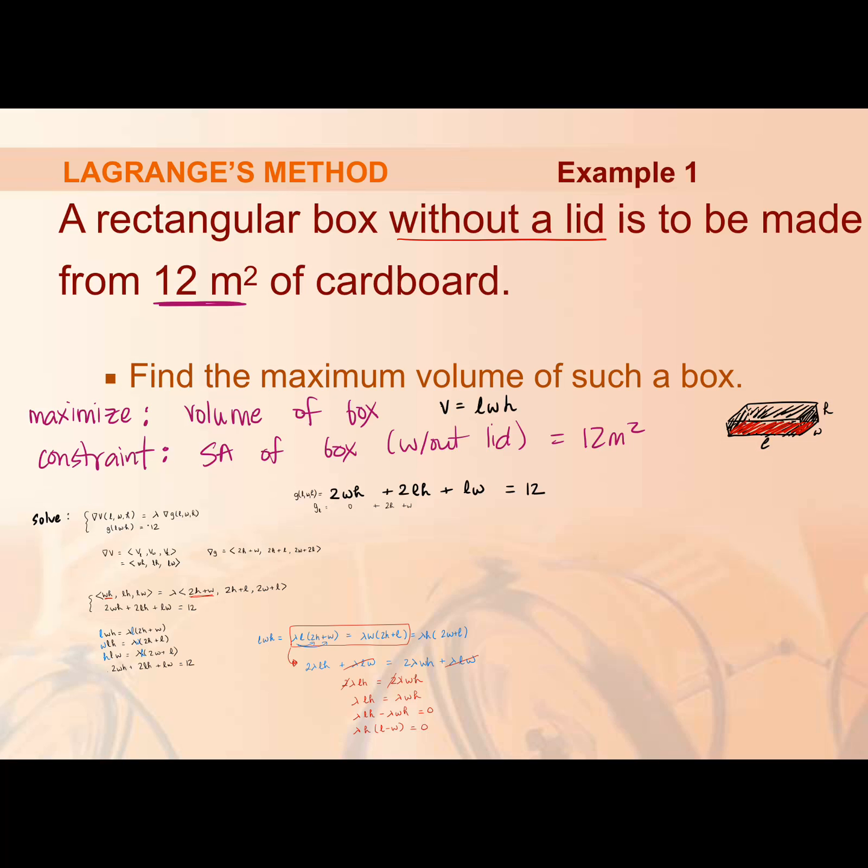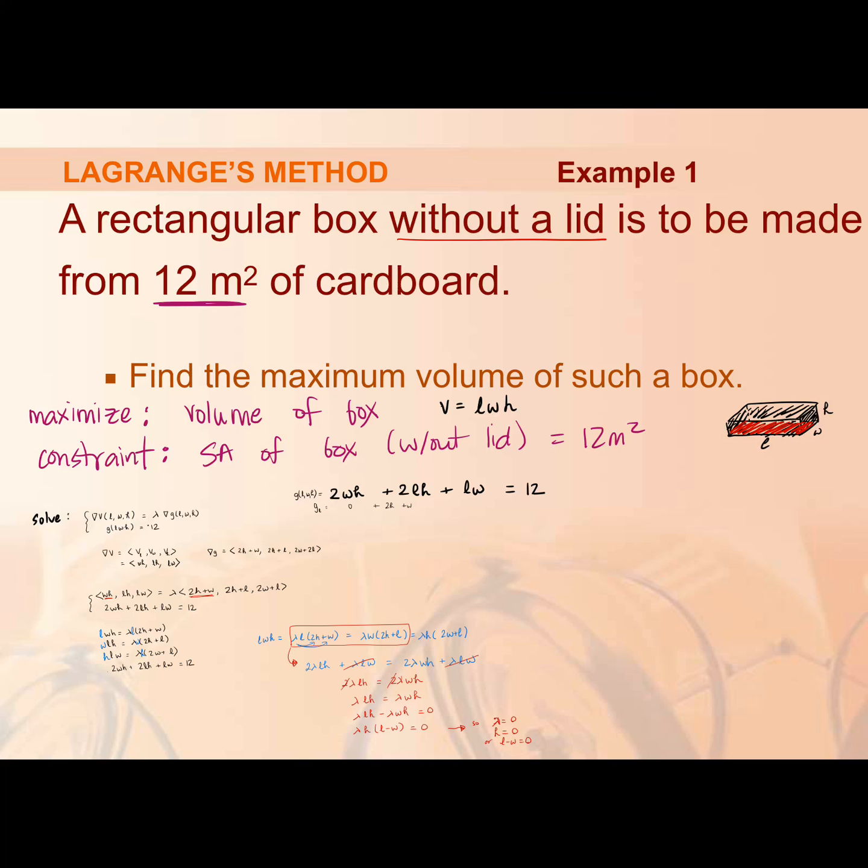So lambda equals 0, H equals 0, or L minus W equals 0. Does that make sense?